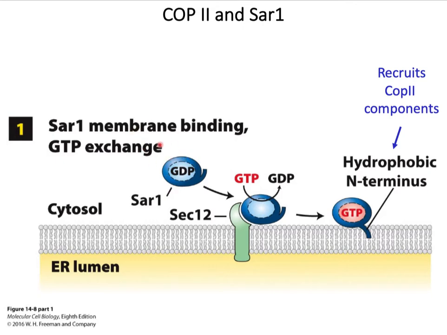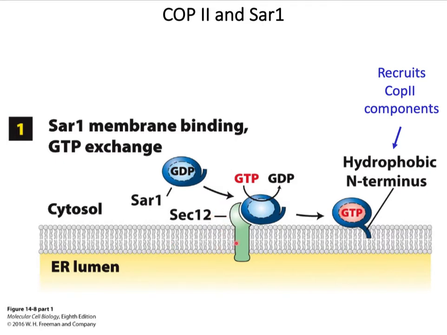In its inactive form, it has a hydrophobic N-terminus, which is actually hidden inside. But at the appropriate membrane, in this case the ER membrane, because we are talking about COP2, which regulates ER to Golgi trafficking, SAR1 can encounter a protein known as SEC12, which is the guanine nucleotide exchange factor, or GEF, for SAR1.